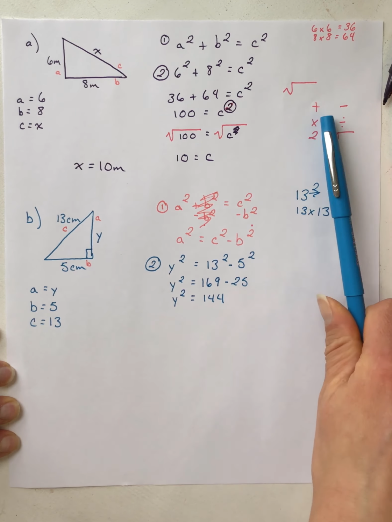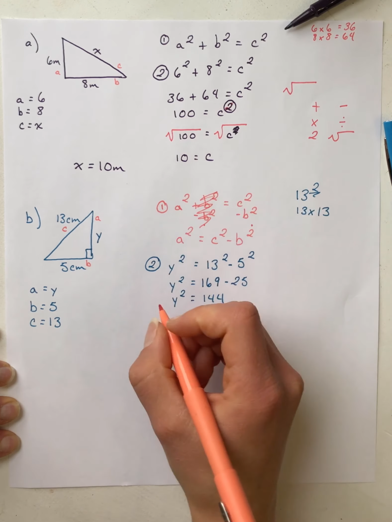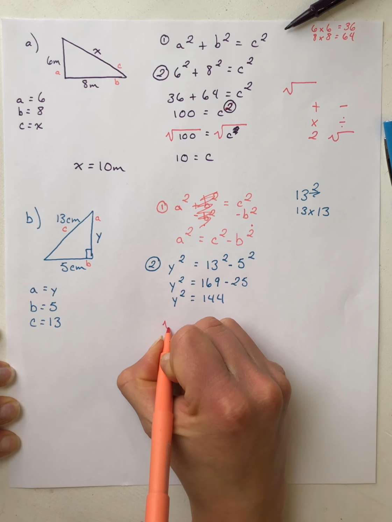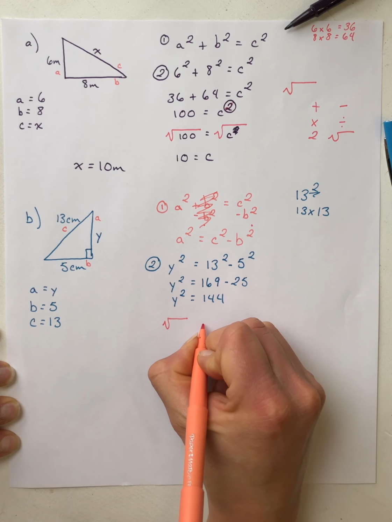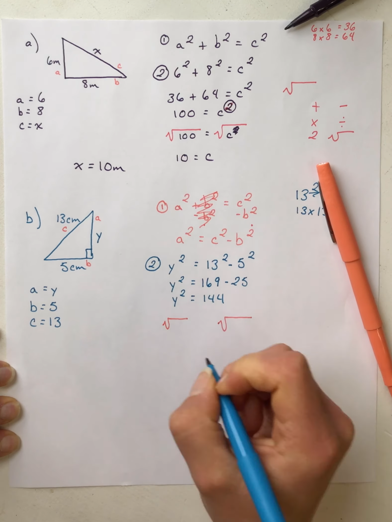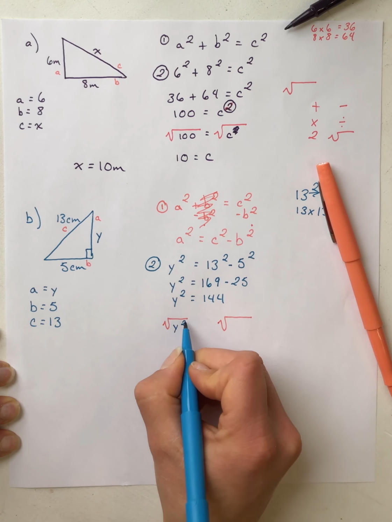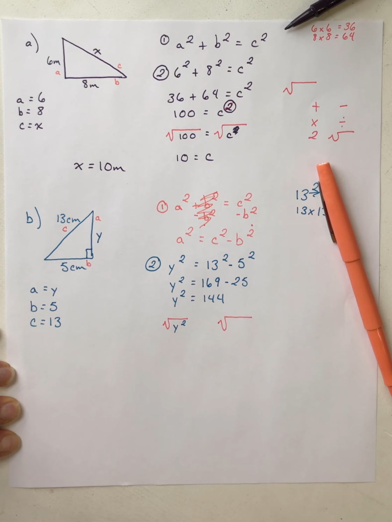So what I'm going to do now is take the square root. So this button in our calculator, I'm going to square root both sides. Because square rooting both sides means it gets rid of this squared.